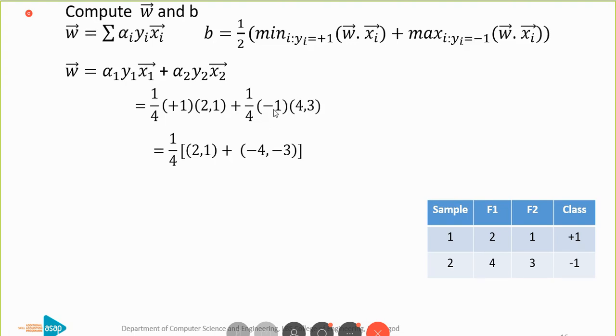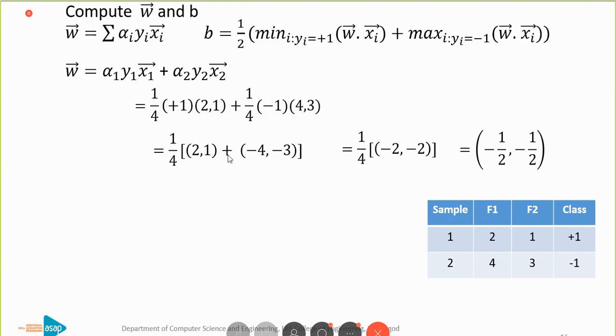You multiply minus 1 to this vector, it will become minus 4 minus 3. I'll take 1 by 4 outside. Now you can just add these two vectors. When you add these two vectors, you'll be getting 1 by 4 into minus 2 minus 2. Now dividing by 4, you'll be getting minus 1 by 2, minus 1 by 2. So that is the value of your W.